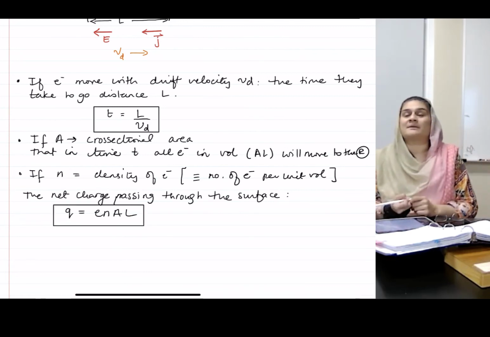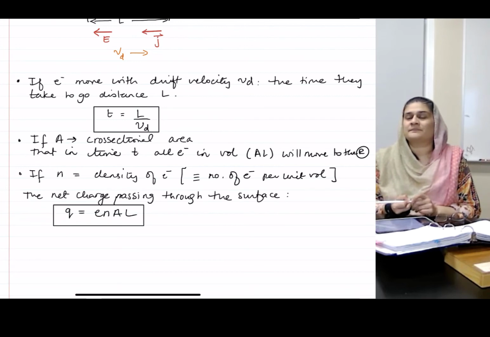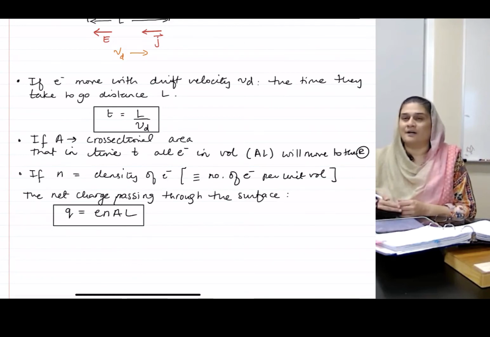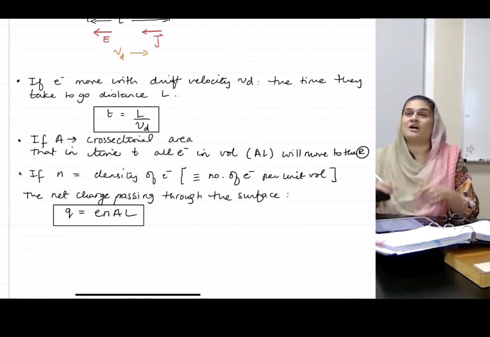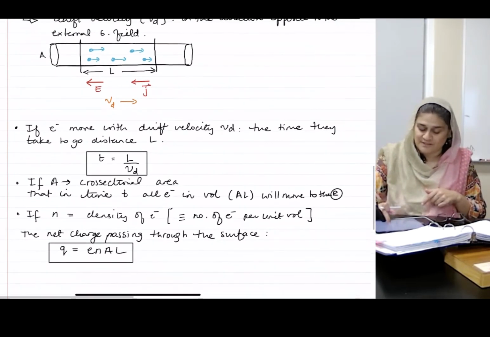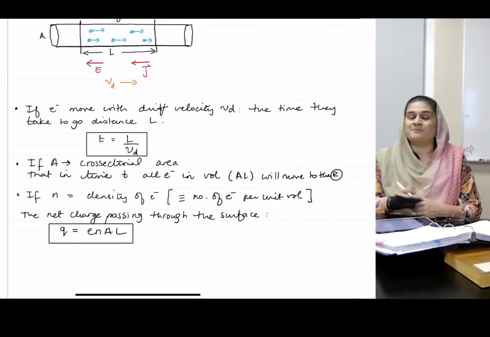Take a second, make sure that makes sense. If E is the charge of an electron, N is the density, AL is the volume, then is the net charge that's passing through this surface given by that.